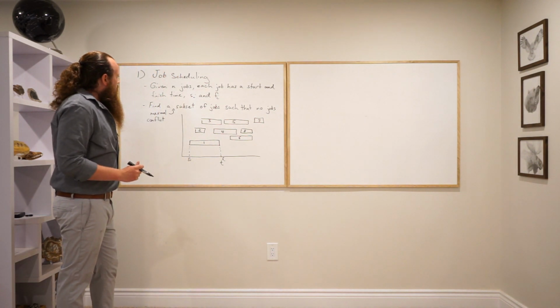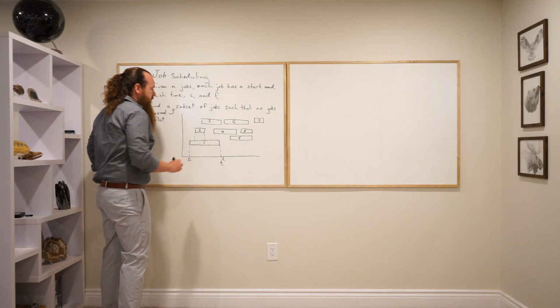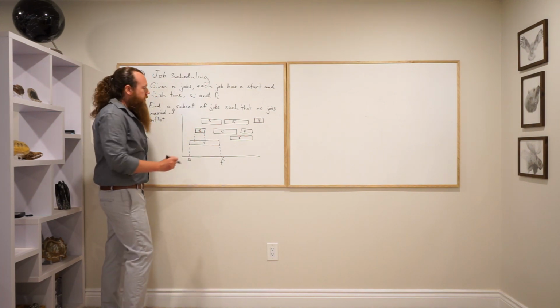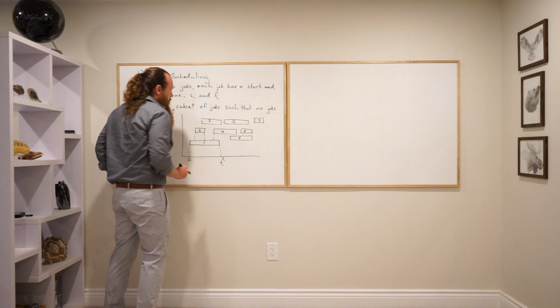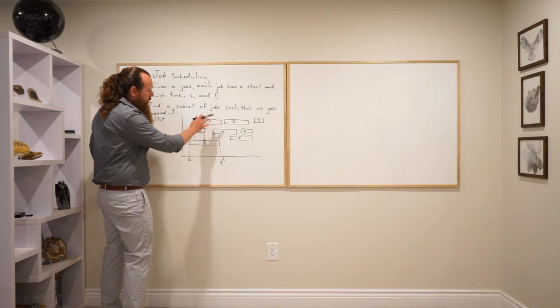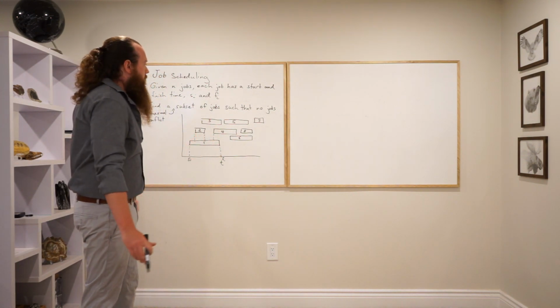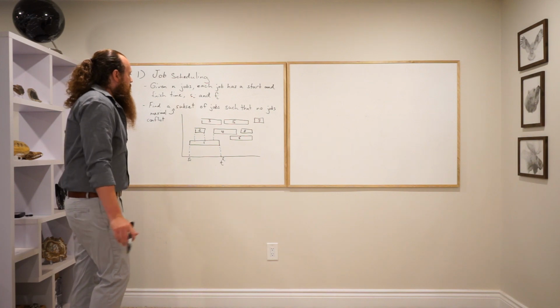I would say job 2 conflicts with job 1 because they overlap. Job 4 conflicts with job 1 because it overlaps. Job 3 conflicts with job 2, job 4, and job 1 because they all overlap. They're all overlapping some interval of time between the start time and the finish time.